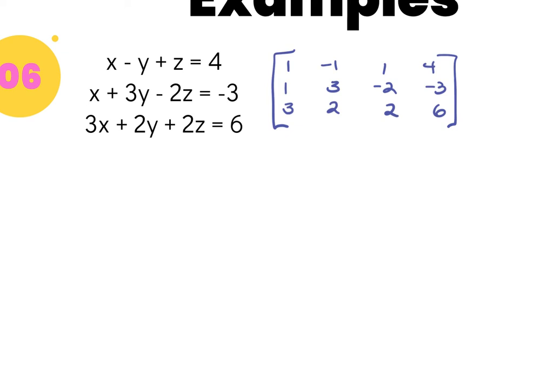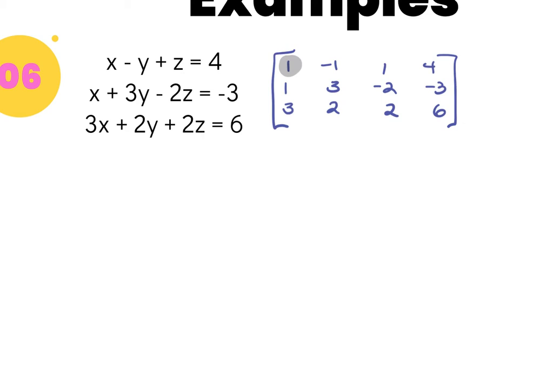We talked about if 1 is in the top left corner and it's easy to get, this makes the rest a little bit easier. If it wasn't there already, let's say, for example, it said 3, 2, 2, 6, 1, 3, -2, -3, and 1, 1, -1, 1, 4.